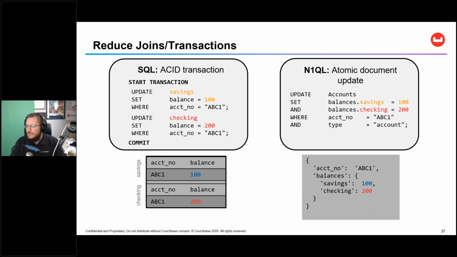If they were both applied to balance.savings, I don't know, that's a weird one. You'd update like set balance.savings equals 100 and balance.savings equals 200. I don't know what would happen there. That would be a little odd. That might even be an error for all I know. I'm not sure.